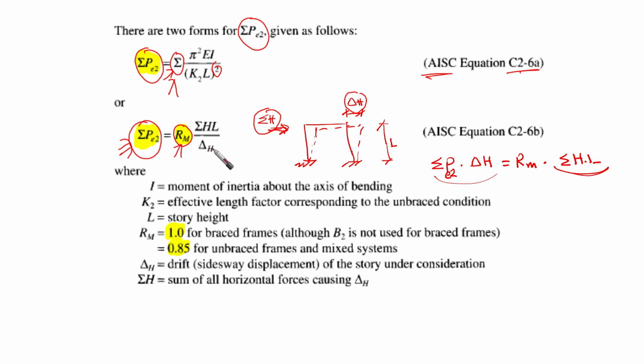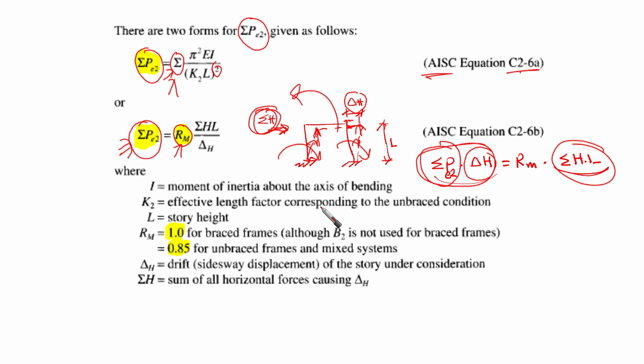You can look at this as if we are multiplying the summation of the Euler loads by delta H. So we have Euler capacities for all columns multiplied by delta H on one side, and on the other side it is the summation of H times L, lateral loads times the story height, which means the overturning moment. It seems as if we have capacities times this delta H, counterbalancing this overturning moment.